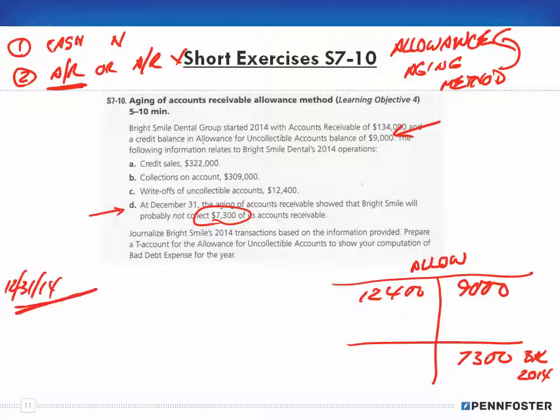Now, how do we arrive at that $7,300? Well, we're going to back into the figure we need in order to make the correct adjustment.